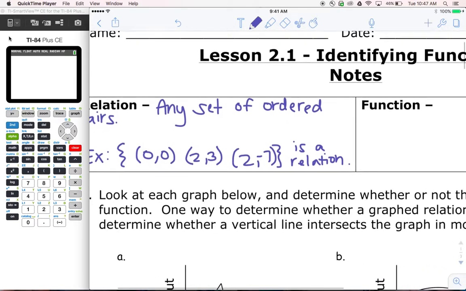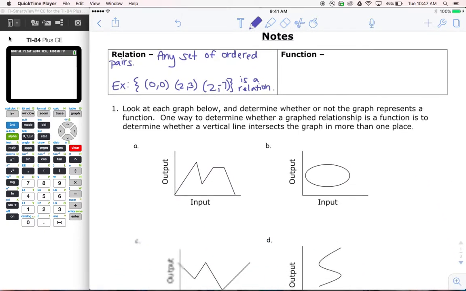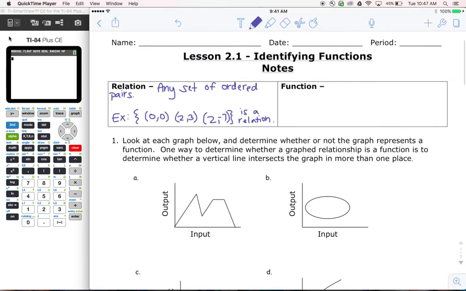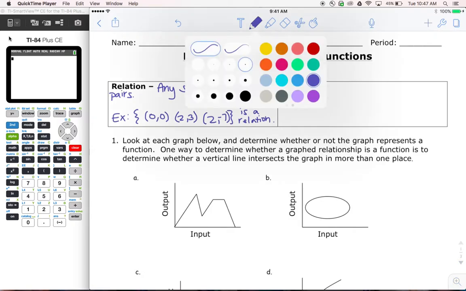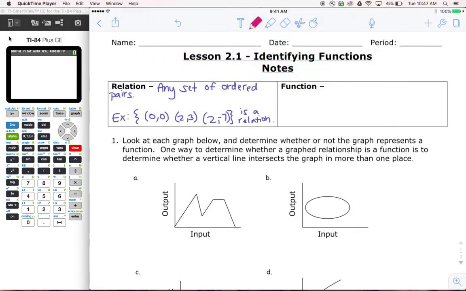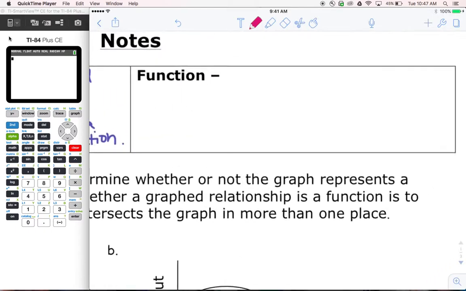A function is actually special. A function is a special kind of relation. We have to be specific. By the way, just a reminder, you can pause the video if you have not finished writing down that definition over there on the left.